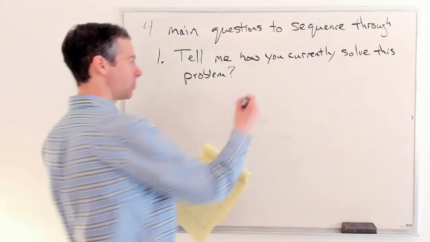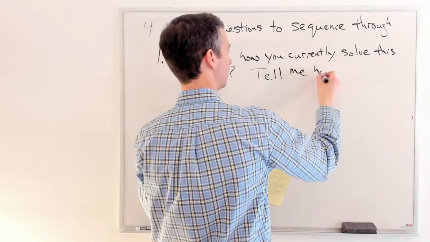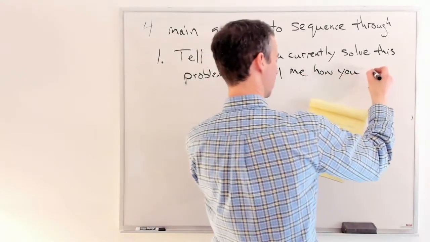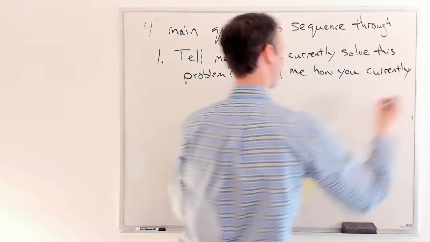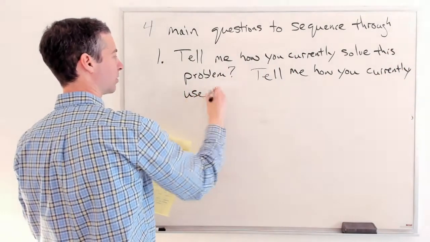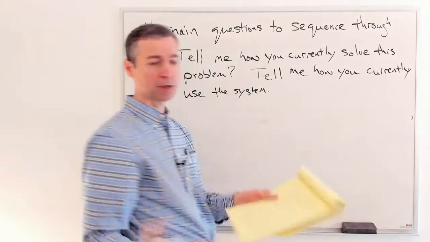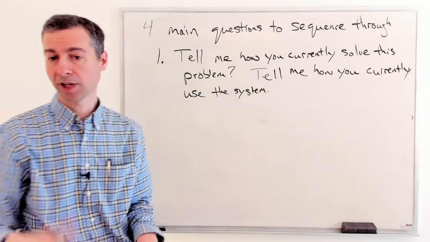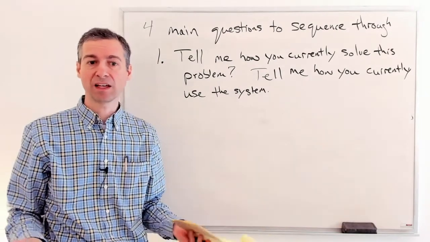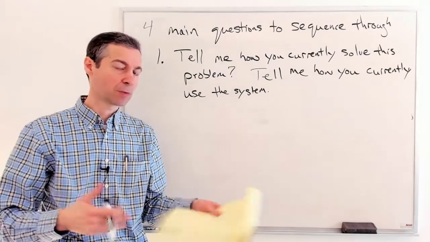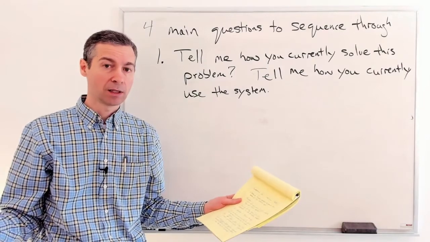Another example might be, tell me how you currently use the system. Or tell me about your current solution to the problem. I think that's a great one. How are you dealing with it today? If it's a problem, they will have already tried to solve it in some way, or they've got some mechanism at hand.